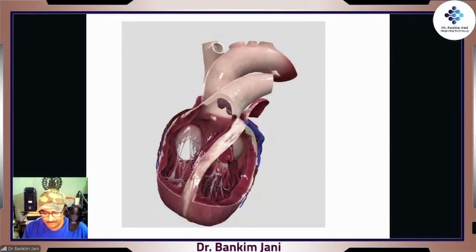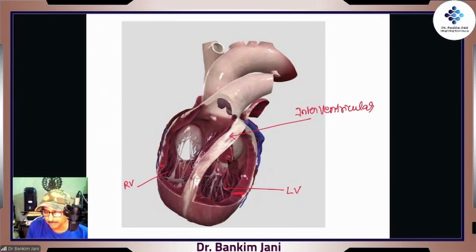So here it is, our next one. This is the interventricular septum. So here we have the right ventricle, and here we have the left ventricle. See the thickness of the muscle of this, and see the thickness of the muscle of this. This is the interventricular septum.